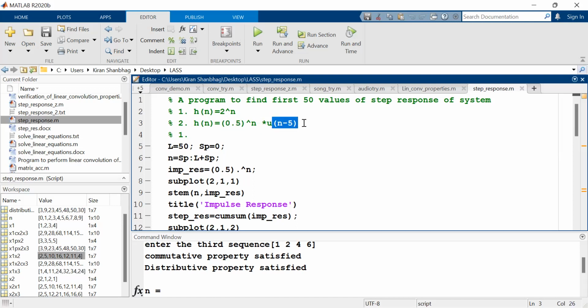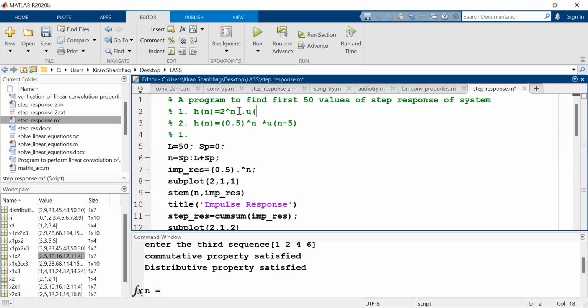Let me tell you the interesting part is to define the sequence, to generate the sequence h of n. Once you can generate it, it's all about the cumulative sum. For the first sequence, let me multiply this with u of n.